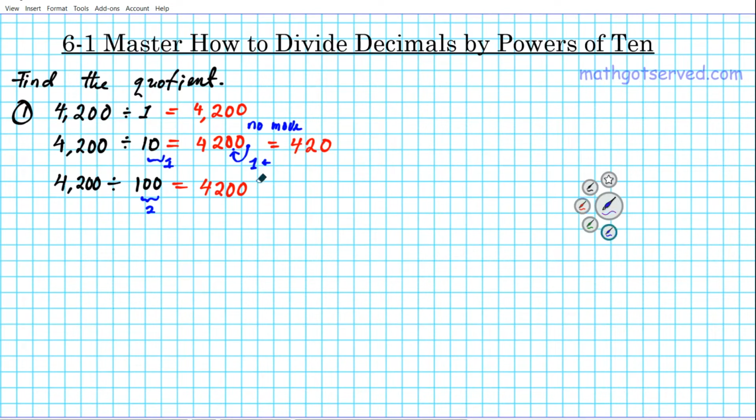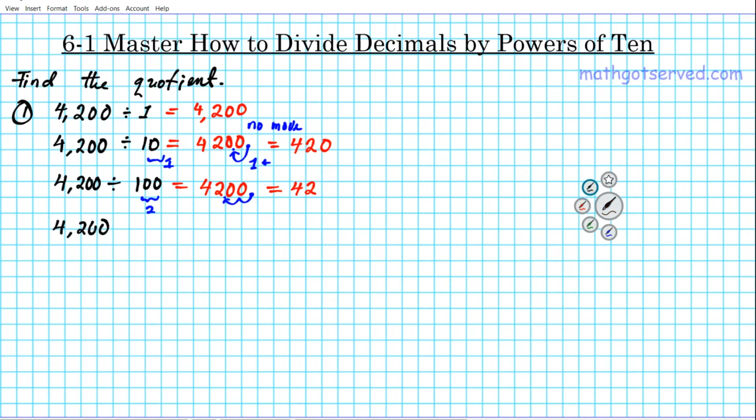The decimal point is right here originally. Since we're dividing by 100, which has 2 zeros, the decimal point is going to go to the left 2 places. 1, 2, right there. Bam. So our final answer is 42.00 or 42. There goes the final answer.